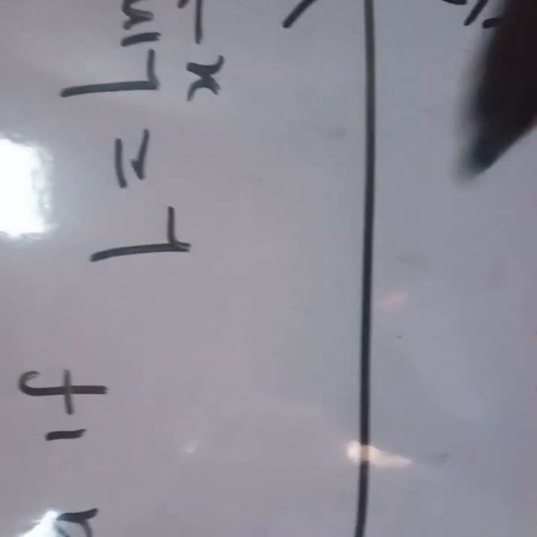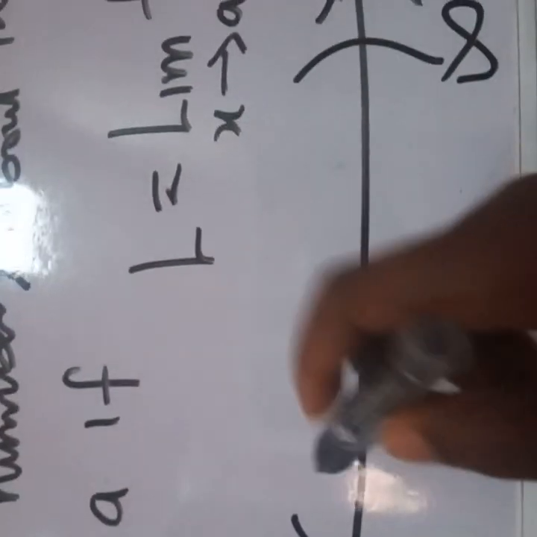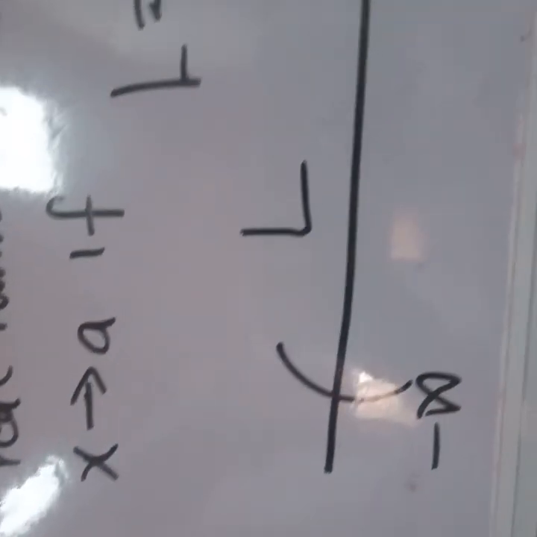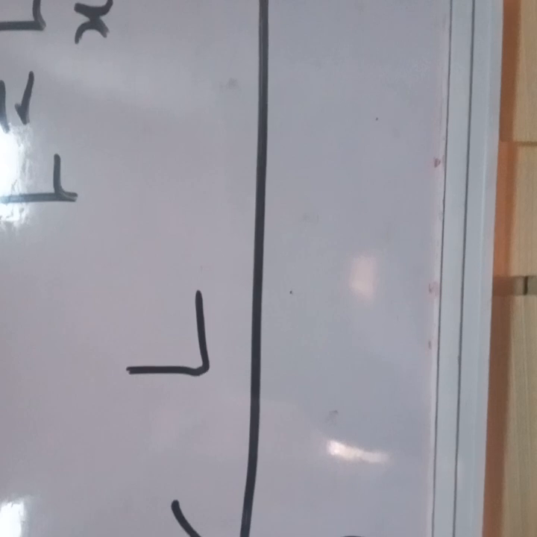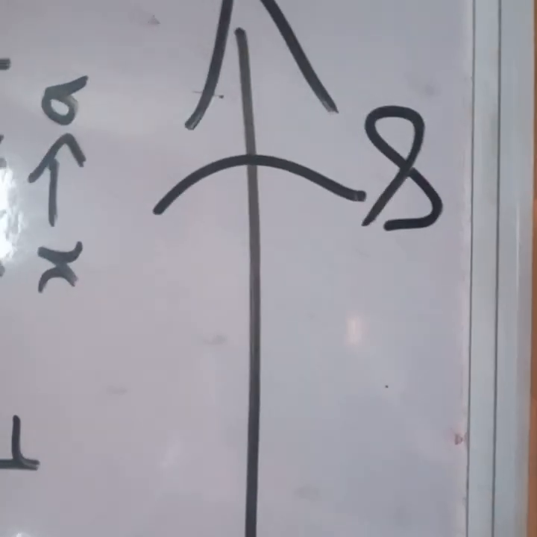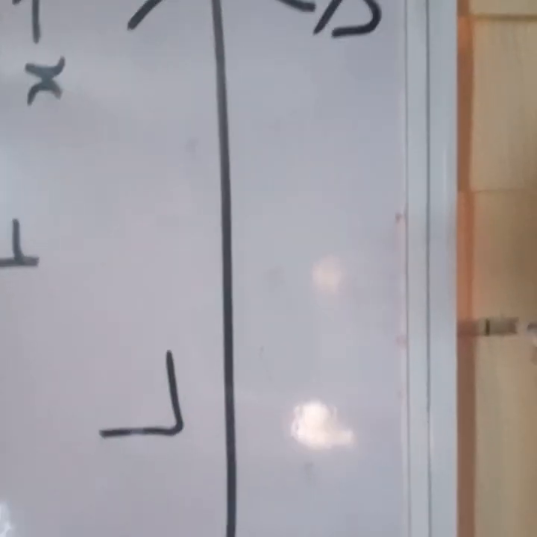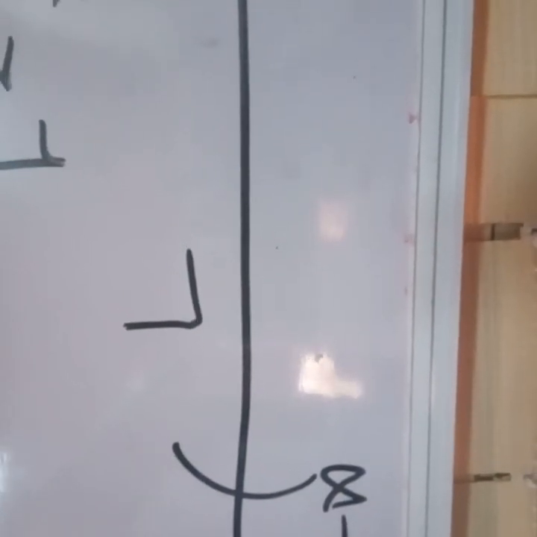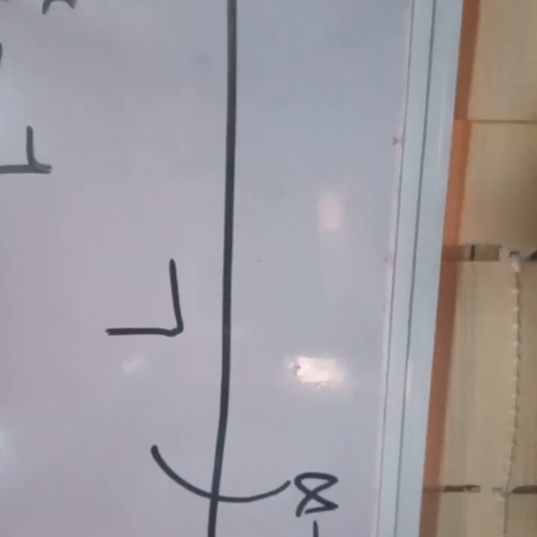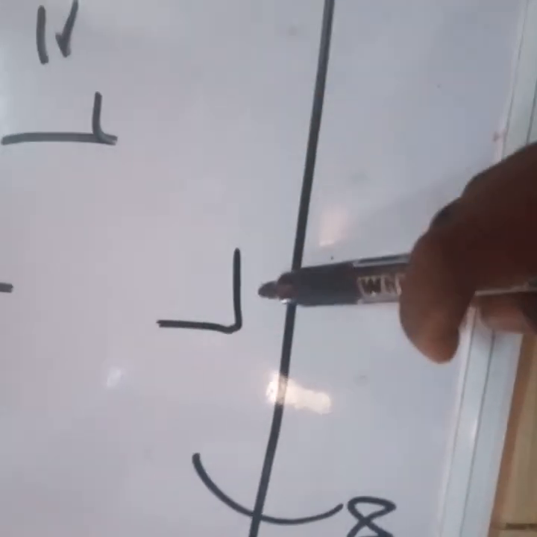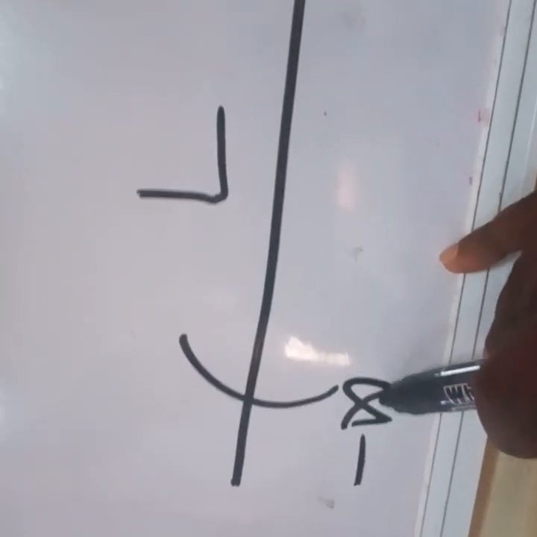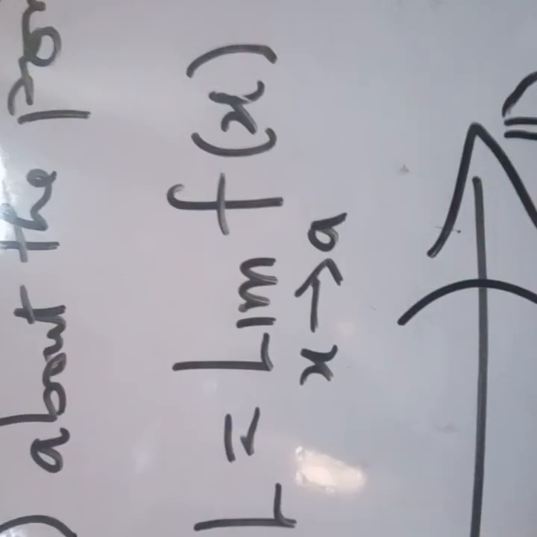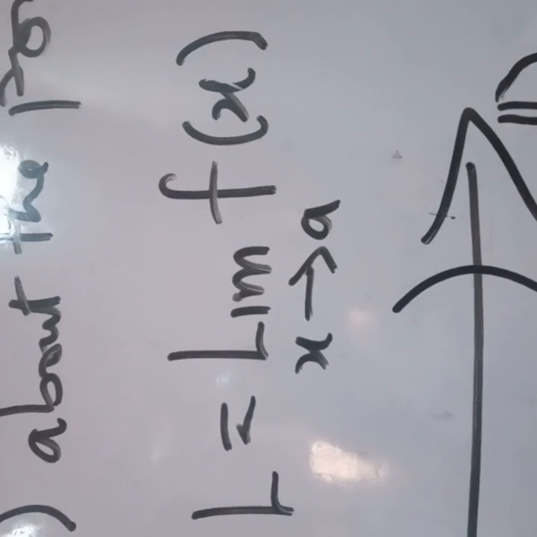So what we are saying is that this number L is in between negative infinity and positive infinity, where both negative infinity and positive infinity are not part of the set of numbers here. So in a case where this L becomes this or this, then we will say that the limit of this function does not exist.